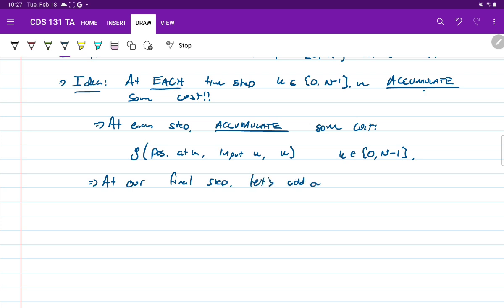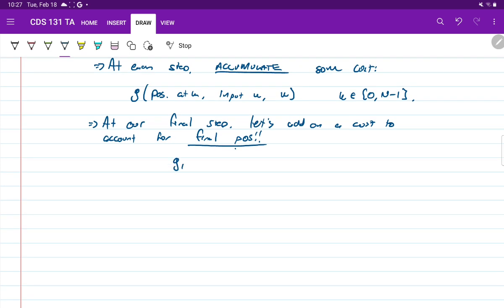Now, at our final step, let's add on a cost to account for our final position, okay? All the way at the end, we care about where we're going to be, right?